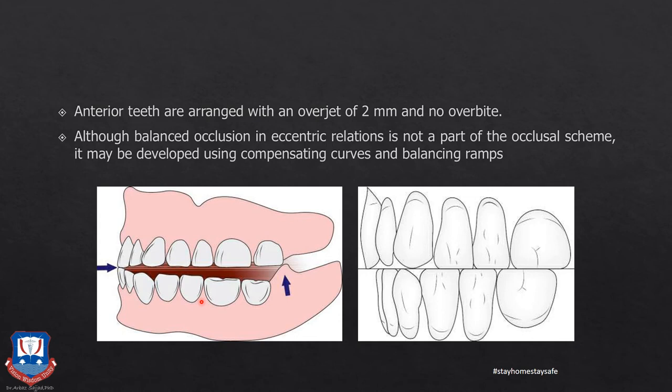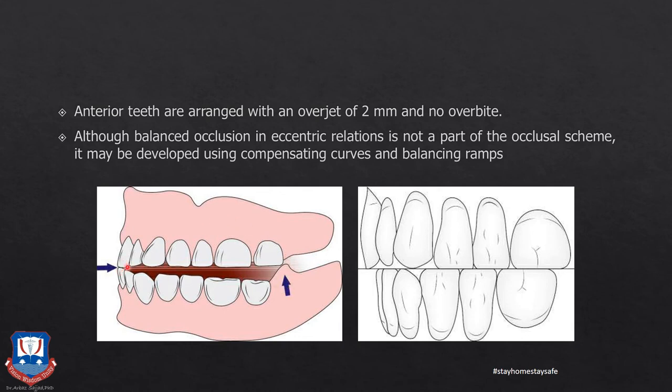So how do you bring about balanced occlusion in a monoplane occlusal scheme? This can usually be achieved by creating a ramp or slope just distal to the mandibular second molar. So when the patient does protrusive mandibular movements, and disclusion of the posterior teeth occurs, this balancing ramp will keep contact with the upper denture base or the upper second molar and give a 3 point contact, that is two balancing ramps on the posterior and anterior contact with the anterior teeth during protrusive movement.